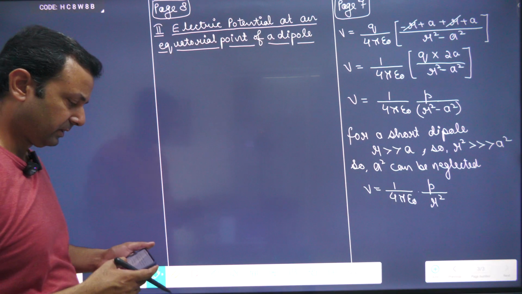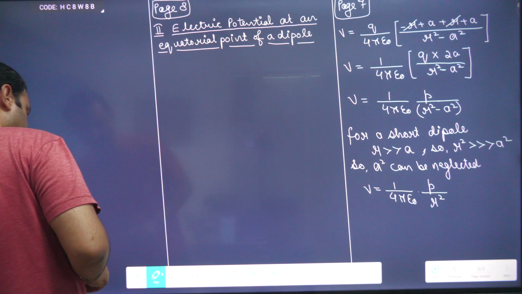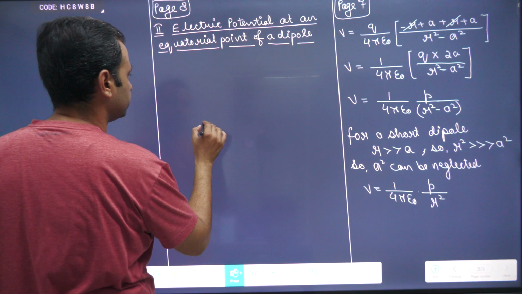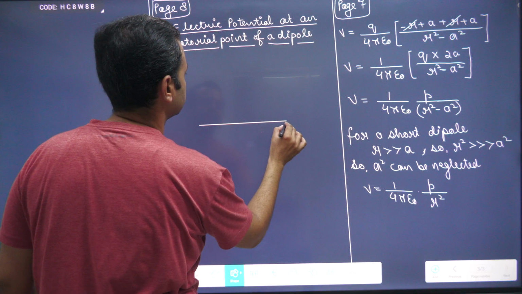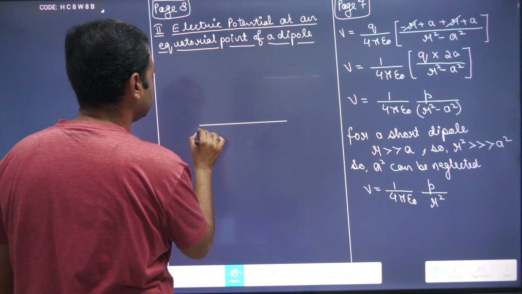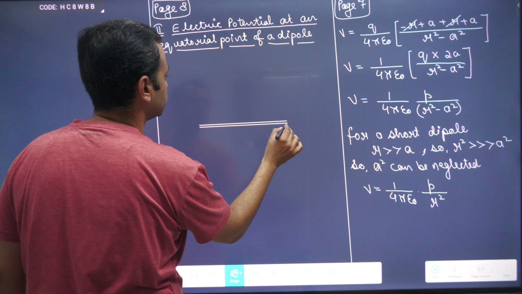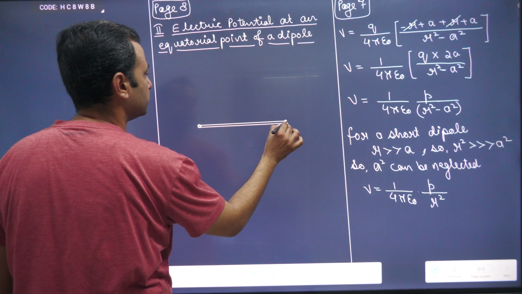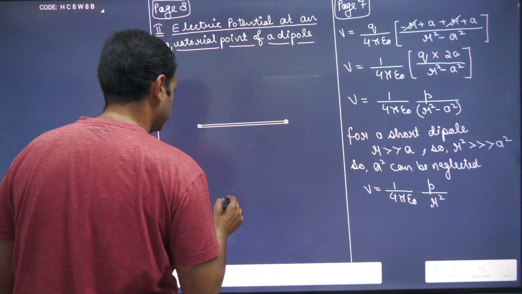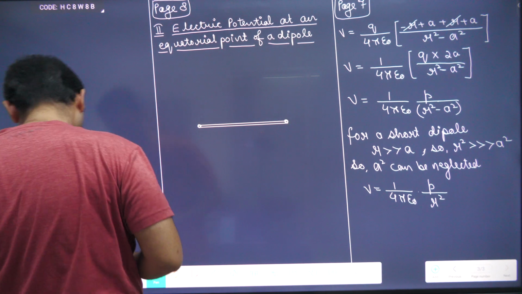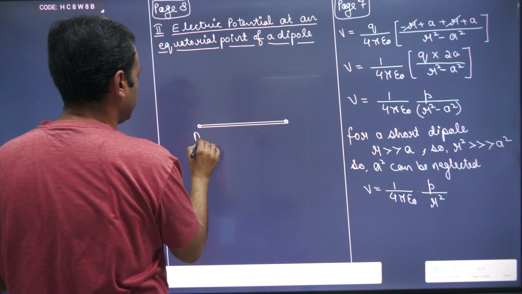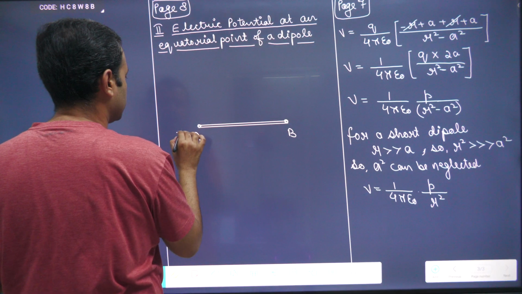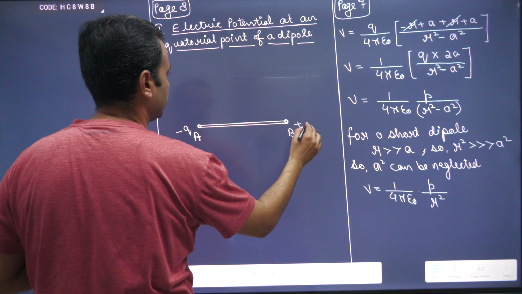So let us draw the figure again. Point A, point B, and I have a charge minus q here and a charge plus q here.